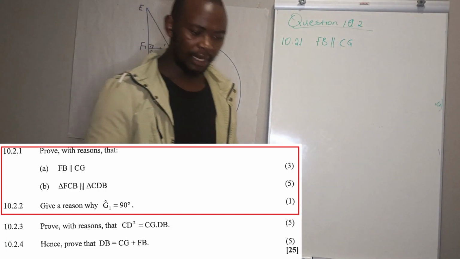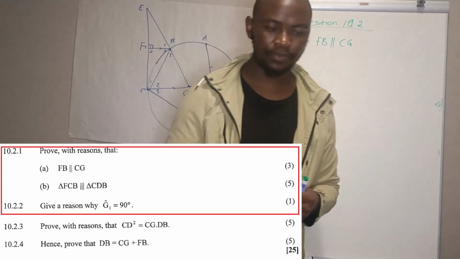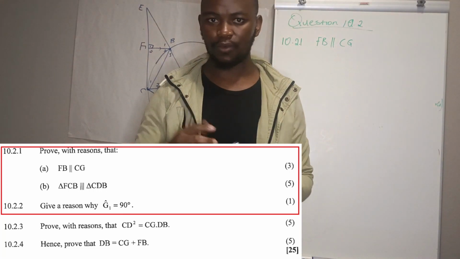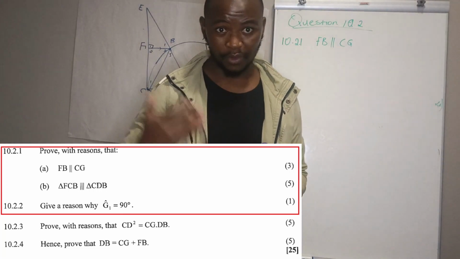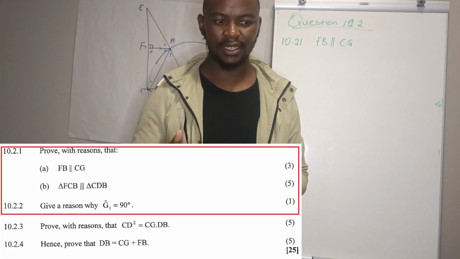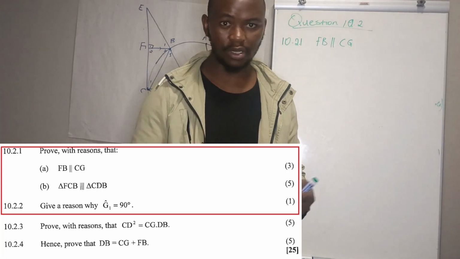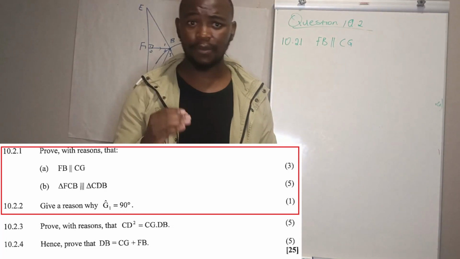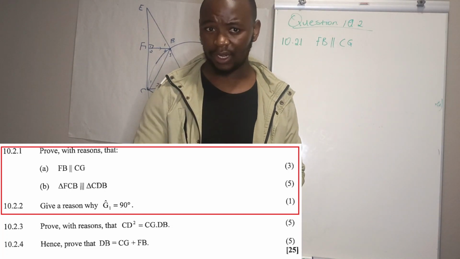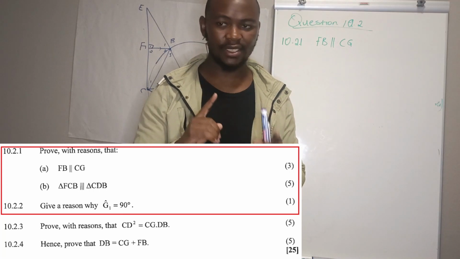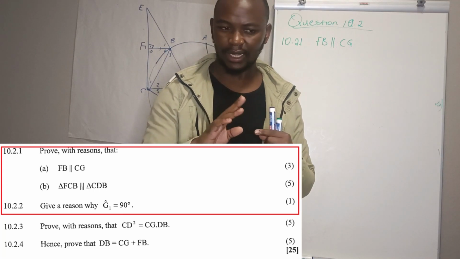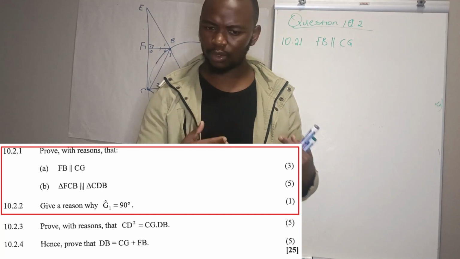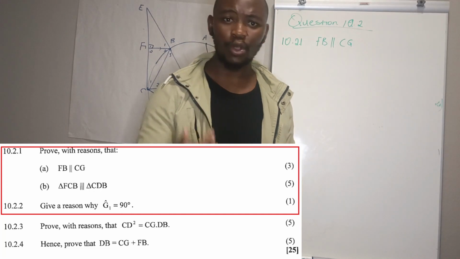When lines are parallel, you must always think of what you benefit from parallel lines. What theorems go along with parallel lines? The first one is that we'll have angles that are equal, but those angles are judged by whether we're talking of alternate angles or corresponding angles.